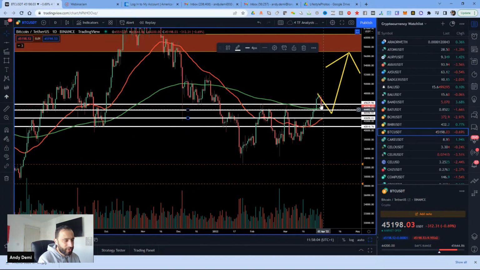Is this the low, or could we potentially just be doing a little dead cat bounce and then we go down lower back towards this area here? I would love it to go back to here. I think that would represent a really great potential area for another bounce. But the thing that we need to do is really prove that we are ready to go up.